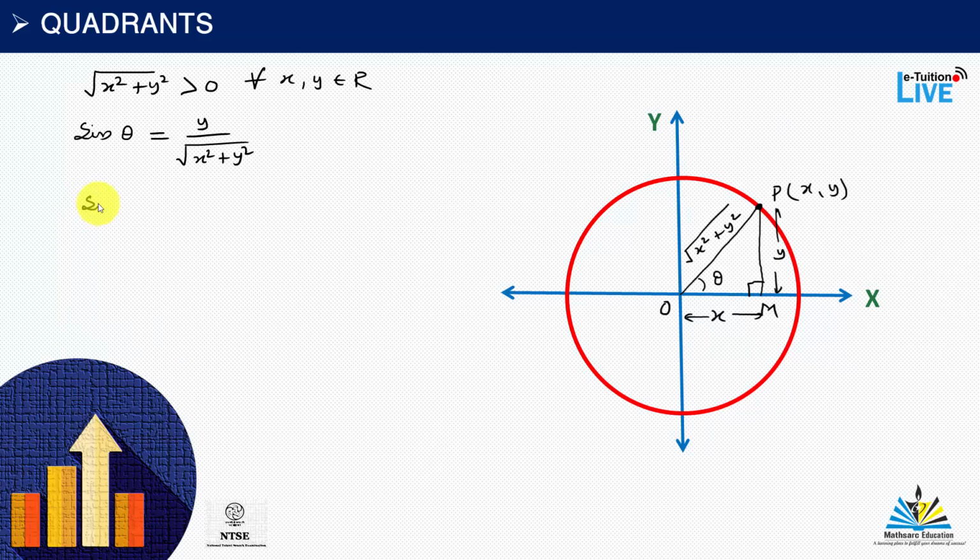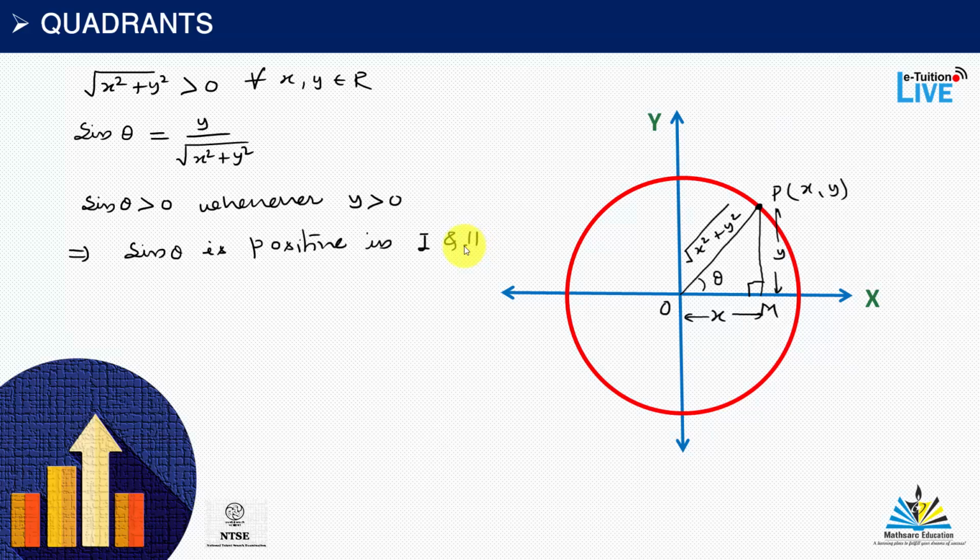So sine theta must be greater than 0 whenever y is greater than 0. So this implies sine theta is positive in the quadrant in which y is positive. In the first and second quadrant y is positive. Hence sine theta is positive in the first and second quadrant.